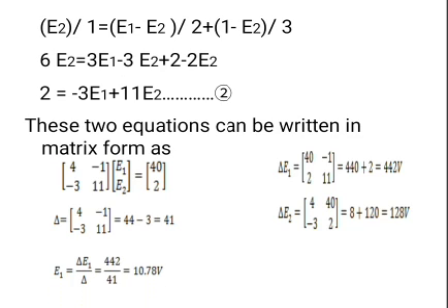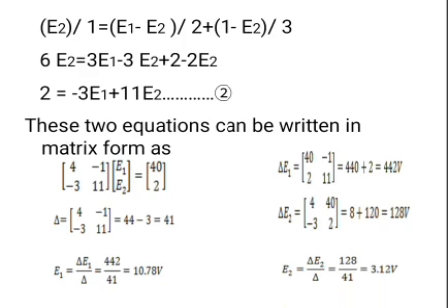Next, we have to calculate E1 and E2. E1 equals delta E1 divided by delta, which is 442 divided by 41, that equals 10.78 volts.